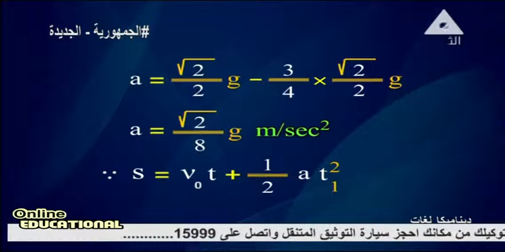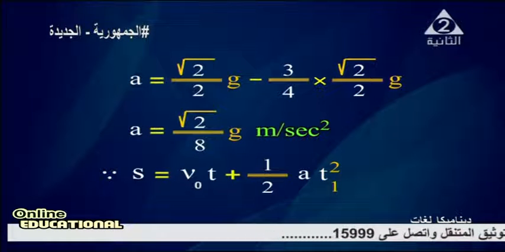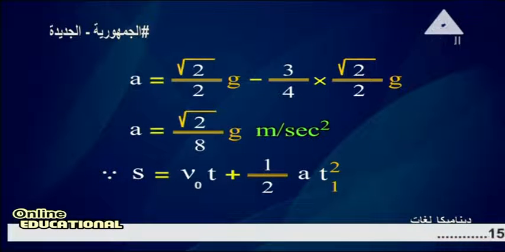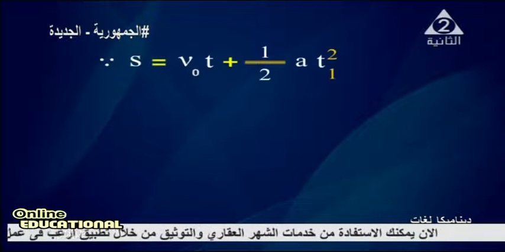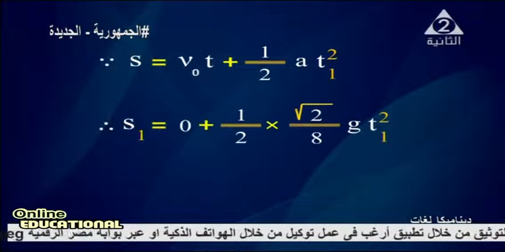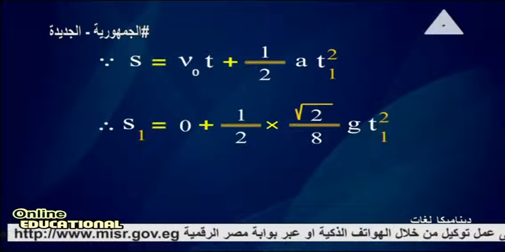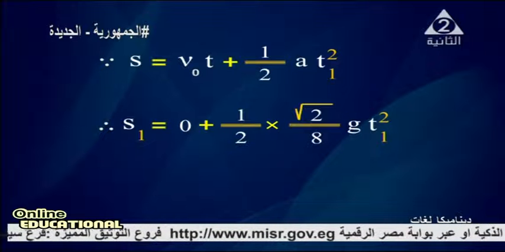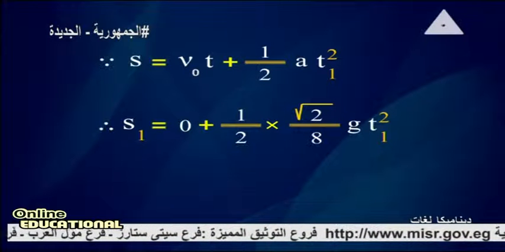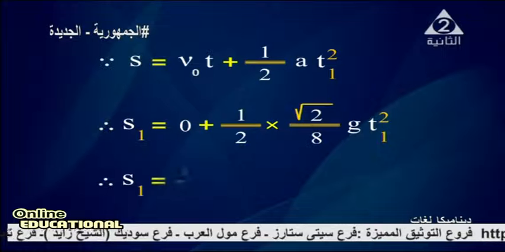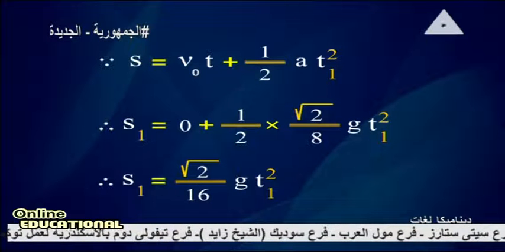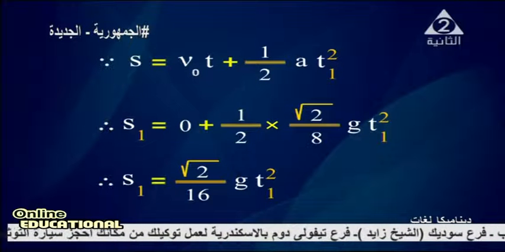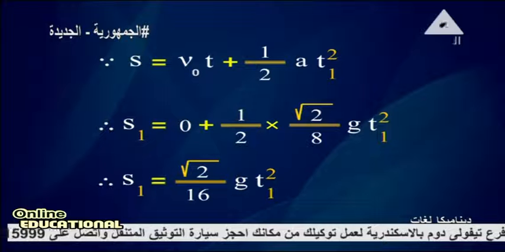Since S equals V naught t plus half a t1 squared, where t1 is the time in the first case, then S1 equals V naught t plus half a t1 squared equals 0 plus half times root 2 over 8 g t1 squared. And then the displacement S1 equals root 2 over 16 g t1 power 2.